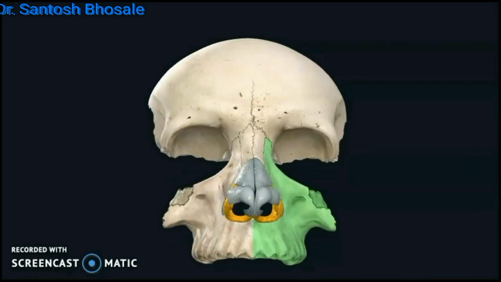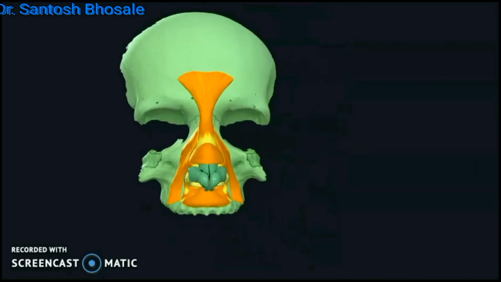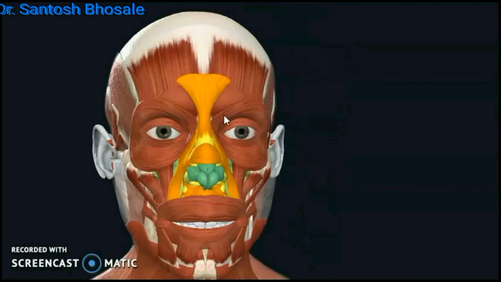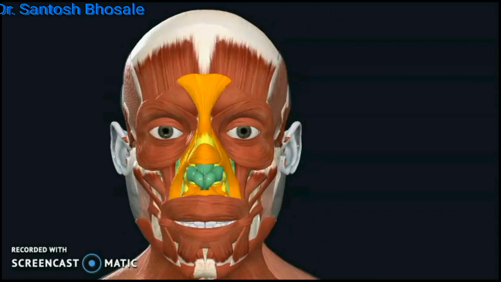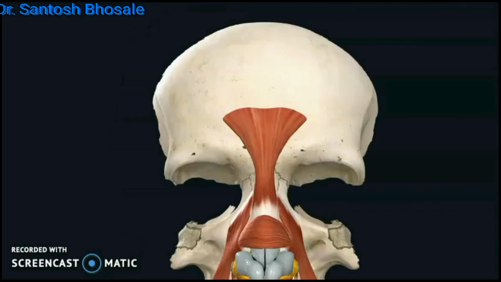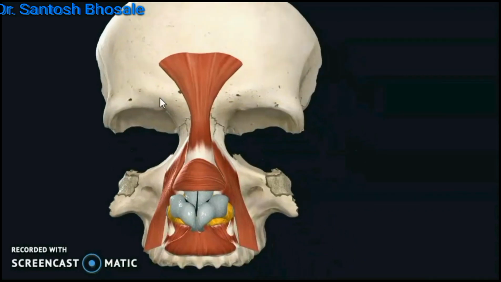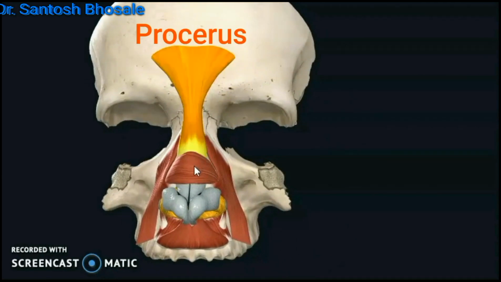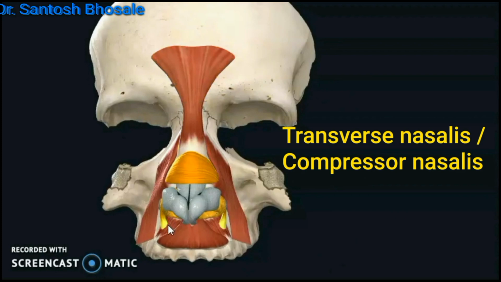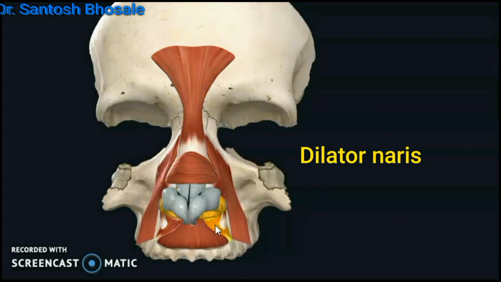You can see here. And coming to the muscles acting on the nose, first the procerus, you can see it produces the transverse wrinkles and elevates the root of the nose there. That is procerus, then transverse nasalis or compressor naris, dilator naris, and this is depressor septi.